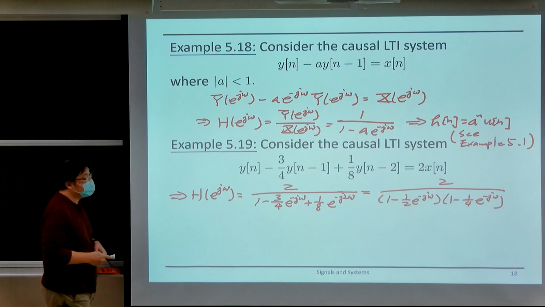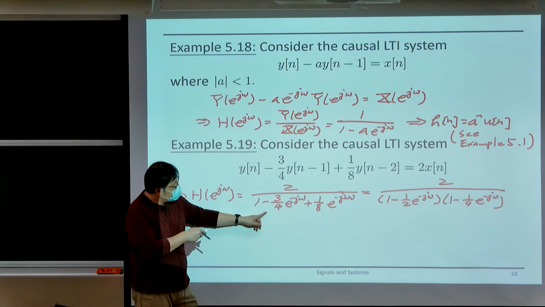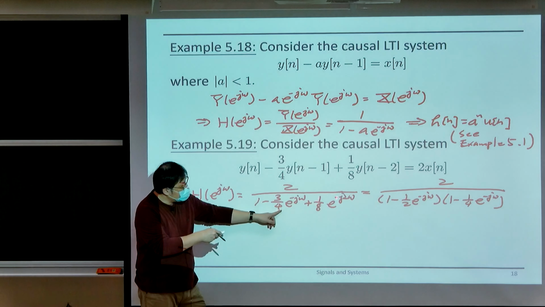You can check that this is true: 1 times 1 is 1, you have minus 1/2 plus minus 1/4, which gives you 3 over 4 e to the minus j omega, and then 1/2 times 1 over 4 is 1 over 8.